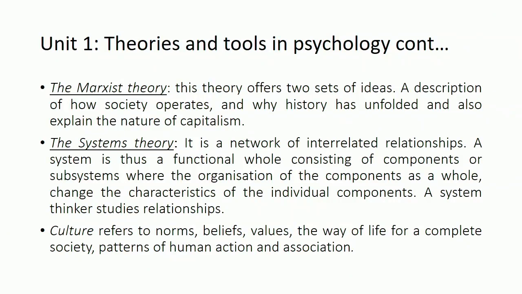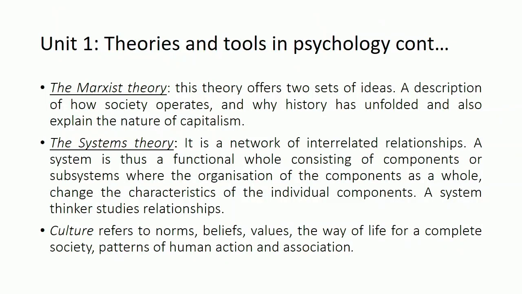A system is thus a functional whole consisting of components or subsystems where the organization of the components as a whole changes the characteristics of the individual components. A system thinker studies relationships. And then we are looking at culture, which refers to norms, beliefs, values, and the way of life for a complete society, patterns of human actions and association.